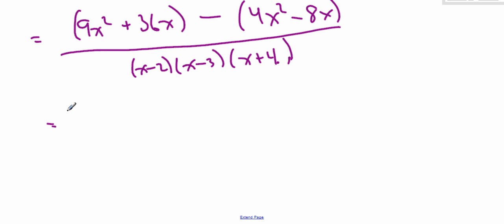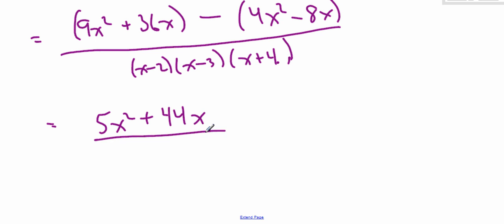So I have 9x squared minus 4x squared, and 36x plus, because it's minus a minus, 36x plus 8x. So that gives me plus 44x over x minus 2, x minus 3, and x plus 4.